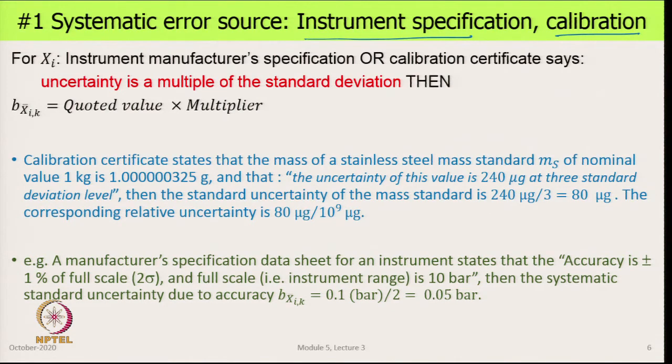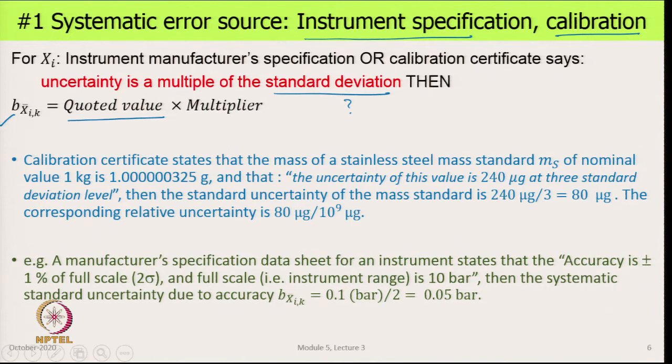That means the manufacturer specification or the calibration certificate says the uncertainty is a certain multiple of the standard deviation, which means that in this case whatever is the quoted value of the calibration error or the accuracy, that multiplied by the multiplier corresponding to this standard deviation gives us B x i bar comma k.